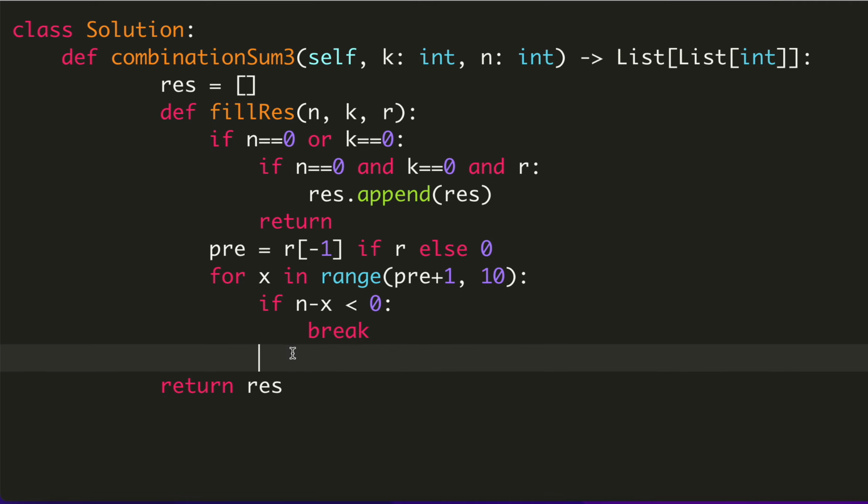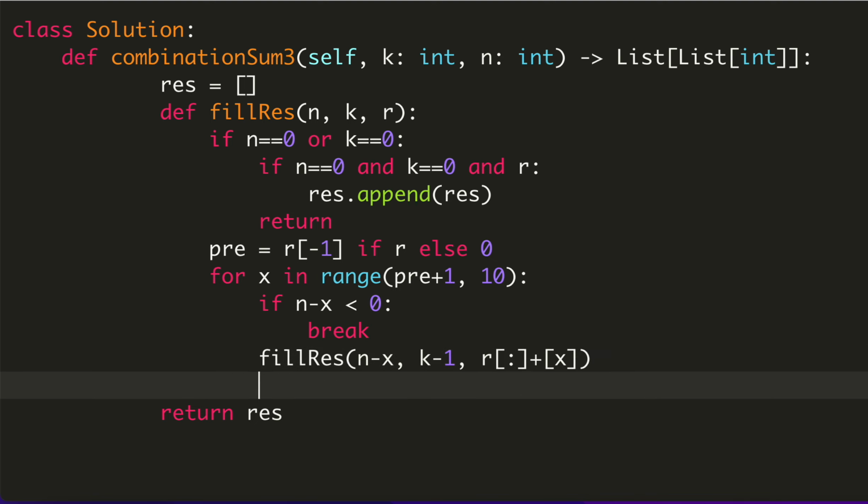If it is not so, then we will recursively call this function. Before calling the function, we will reduce our n by x, and we will reduce our k by 1 because we used one element, and we will add one more element, x, to the result so far. So this way we will call it recursively.